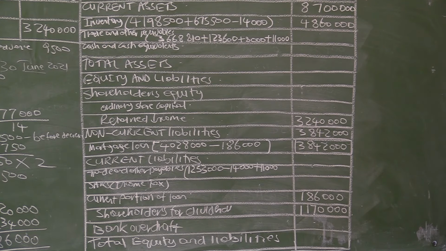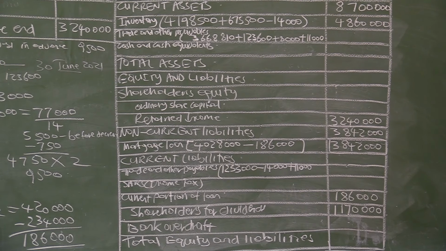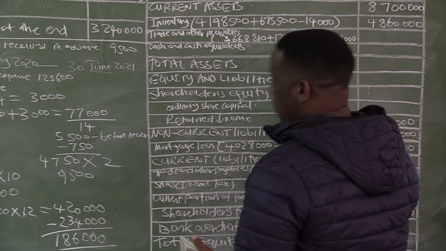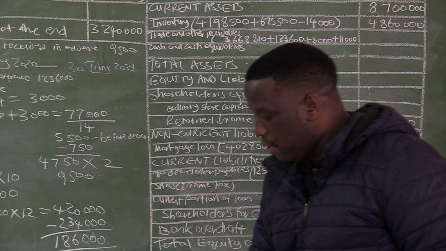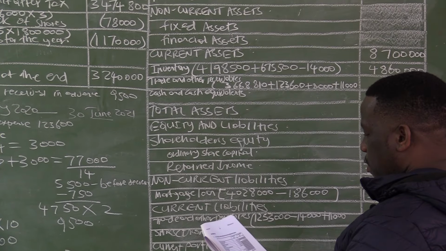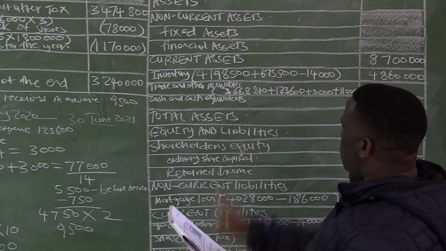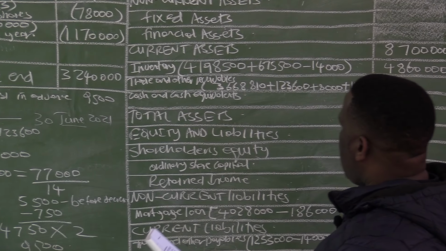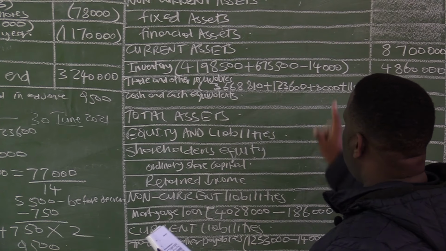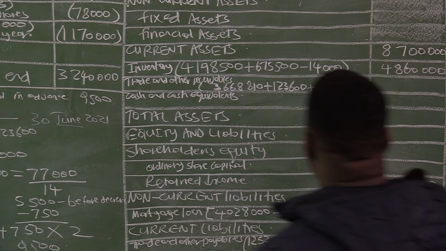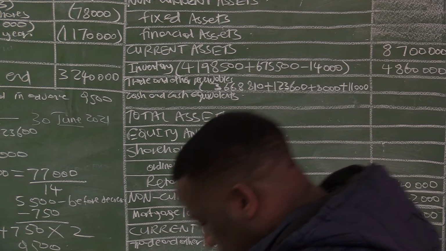So let us then go back. We have finished the transactions. Only transaction H is left, which is for the financial indicators, which will assist us to get some of the amounts that are missing here. But let's just check before we close that there is nothing we are leaving out in error. We have our net trade debtors of 3,668,810, and the prepaid expense of 123,600.